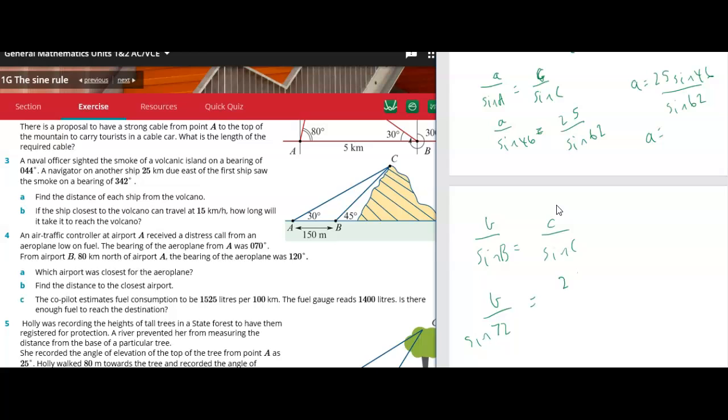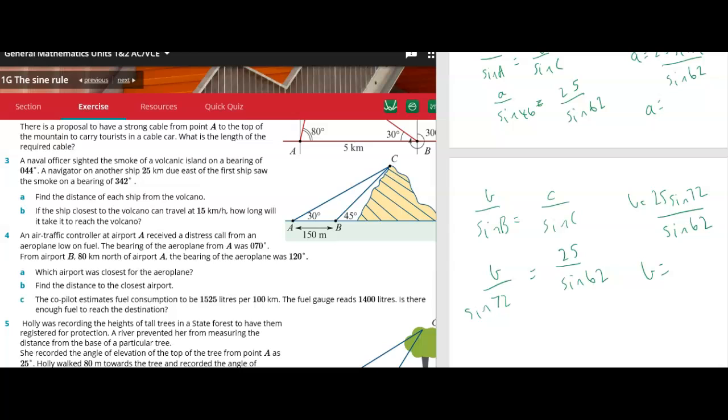And little c was 25 over sine 62. So B equals 25 sine 72 over sine 62. All right, so I'm just going to pause so I can find a calculator and actually do these calculations.